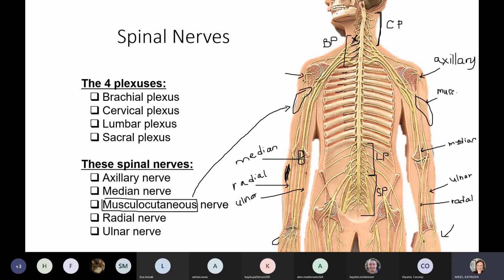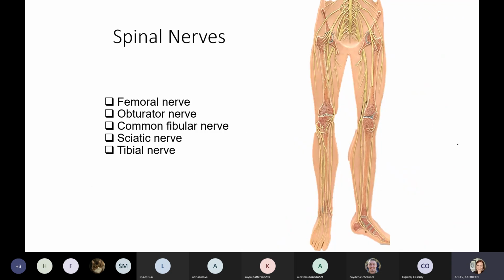So the brachial plexus nerves either go into the arm or they go into the forearm, going down toward the finger. When we're talking about the lumbar and the sacral plexus nerves, these are all going either to the thigh or down into the lower leg.